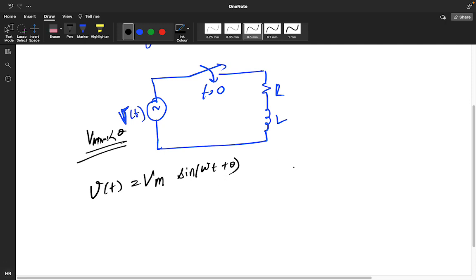And your Z will be R plus j omega L, because it's an L network.